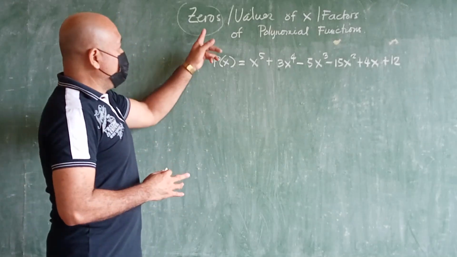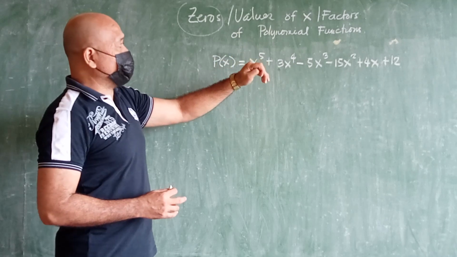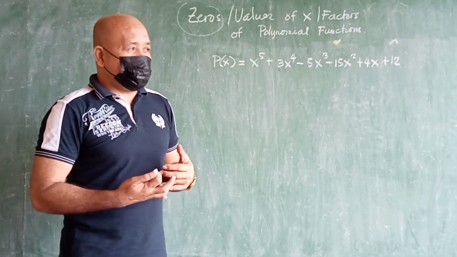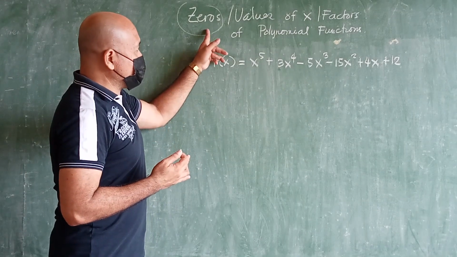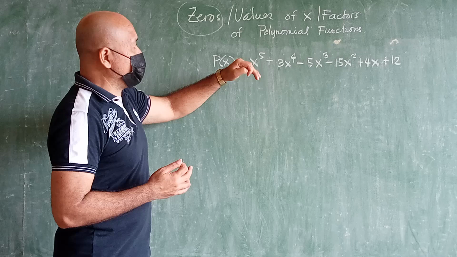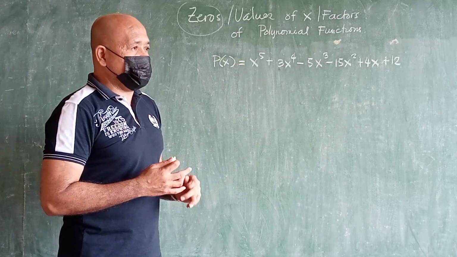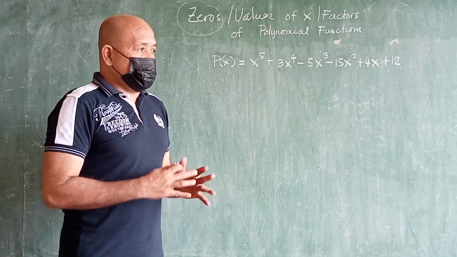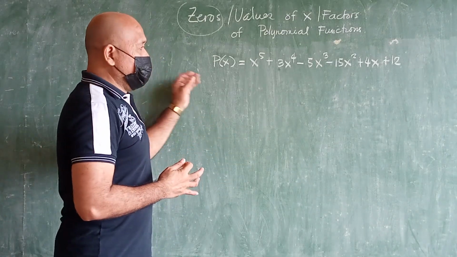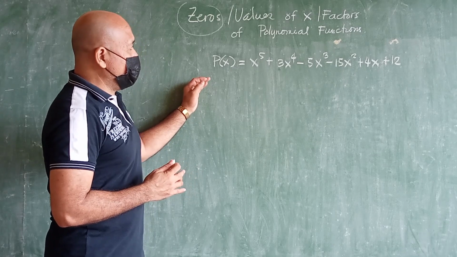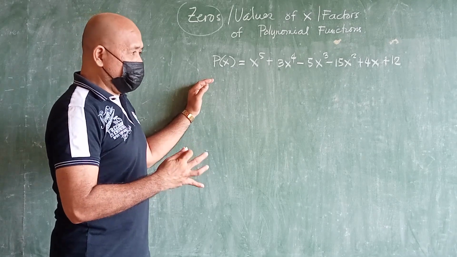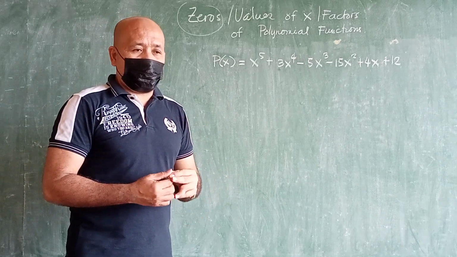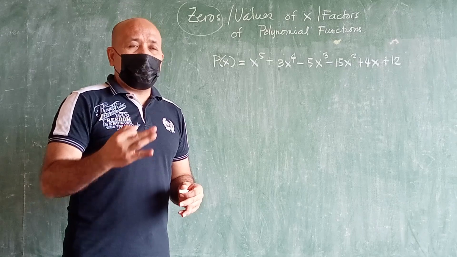We're still on the zeros or the values of x or the factors of the polynomial functions. Simply, the purpose is to solve for the zeros or the values of x and the factors of the given polynomial. As I mentioned earlier, for the second part we will be focusing on polynomials where the degree is higher than 2, like for example, the degree is 3 or 4 or 5 and higher.